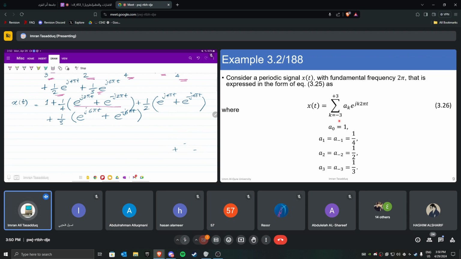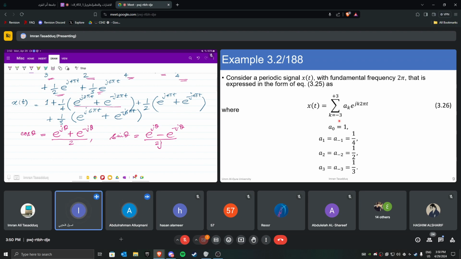Okay, let me remind you of a few formulas. If you remember, cosine theta is given by e to the power j theta plus e to the power minus j theta, divided by 2, and sine theta is given by e to the power j theta minus e to the power minus j theta, divided by 2j. Do you remember this relationship? Yes, it's Euler's identity.